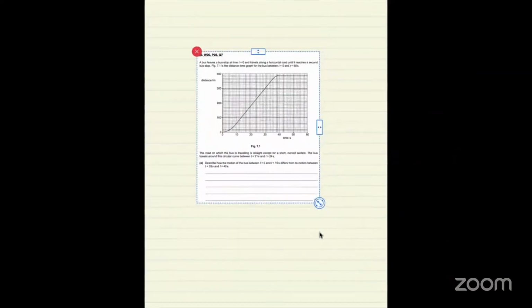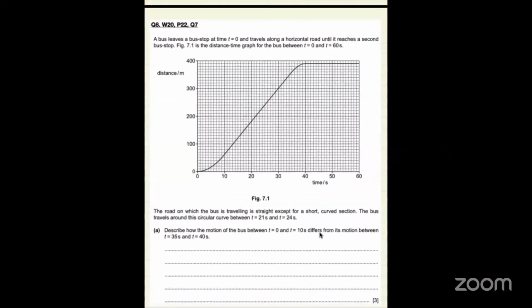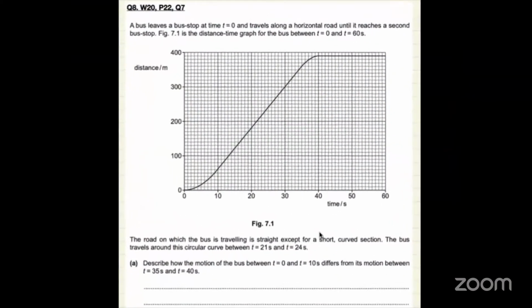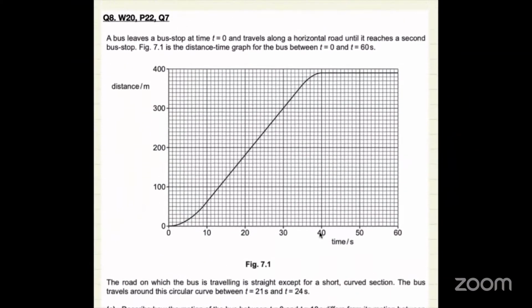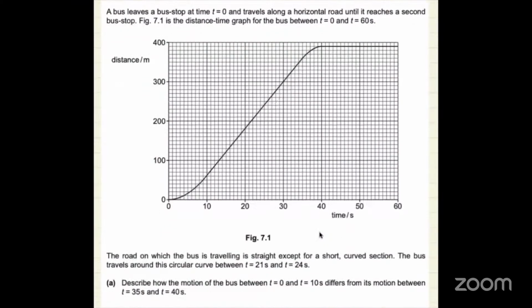Okay, so this is the reference to this question. Again, this is forces, kinematics, and also circular motion will pop up later. So this is all of that.